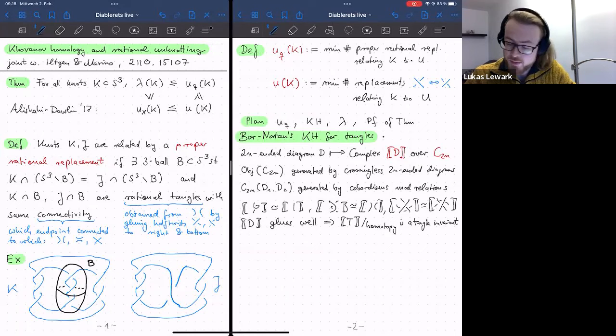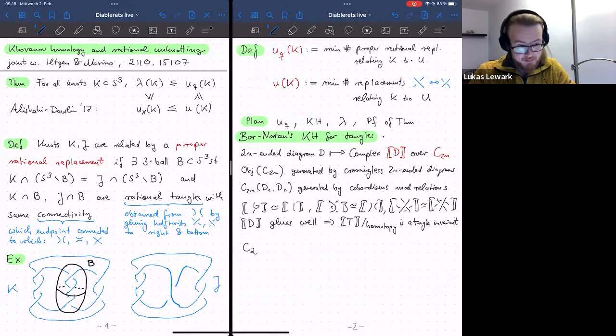Instead of using C0, you use C2. So you consider two-ended tangles. And the category C2 is actually nicer than the category C0.